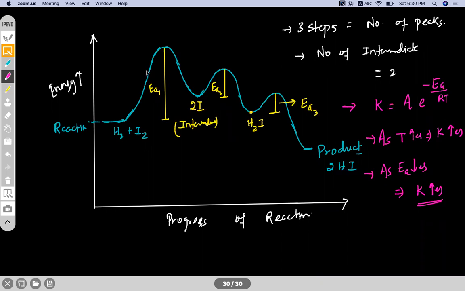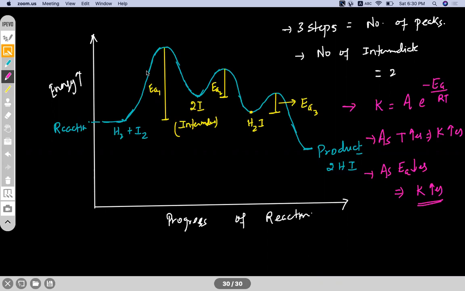If EA is more, K decreases. So we should have the third step as the fastest step, no?